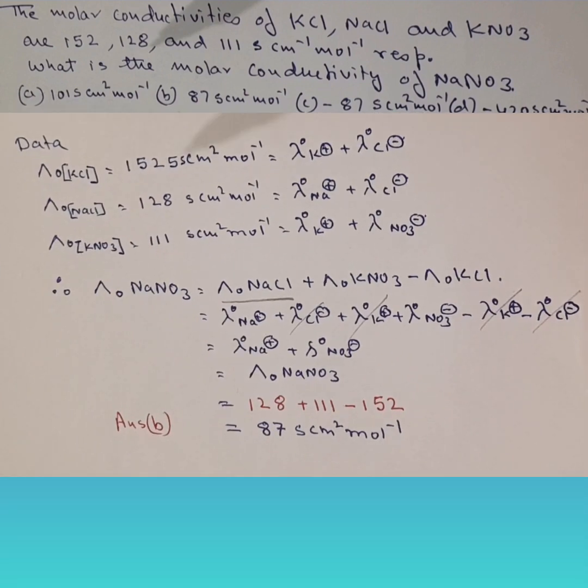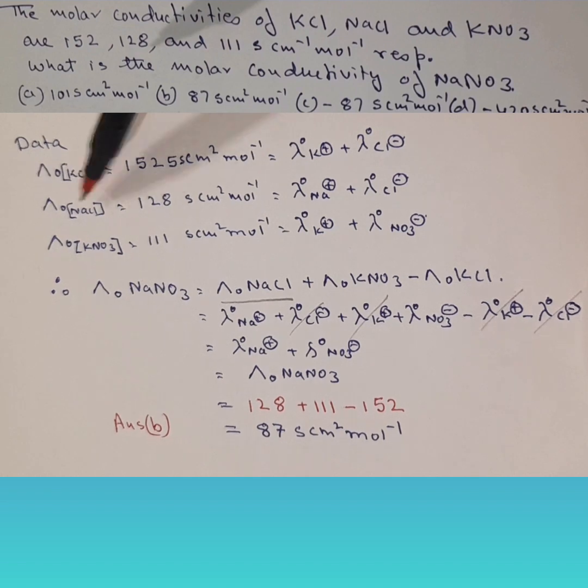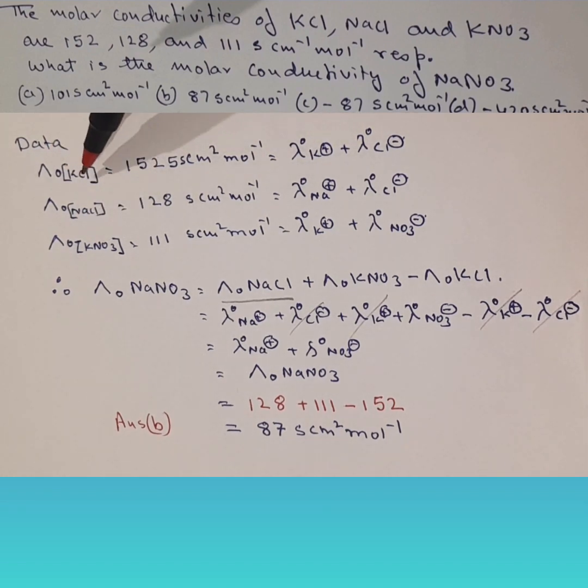Now, in this example it is all about salts. This is KCl. The infinite dilution value of KCl is provided, so we can write it in terms of the molar conductivity of its ions.